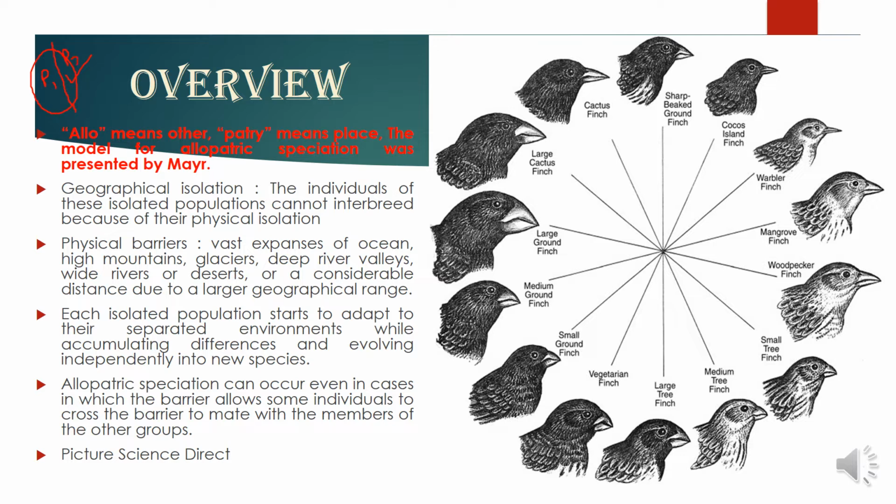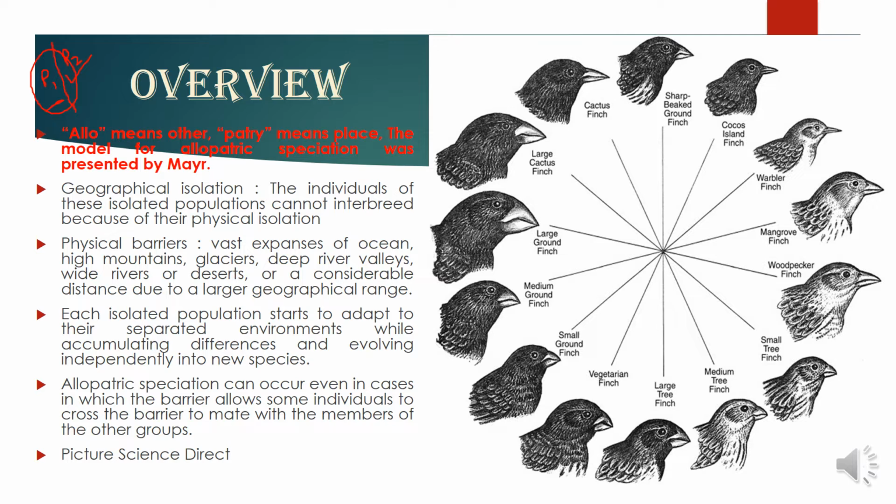So when a parent population is divided into two populations by a barrier, the ecological niche on either side of the barrier will be different. So the species of the original population will have different adaptations to the different ecological niches.